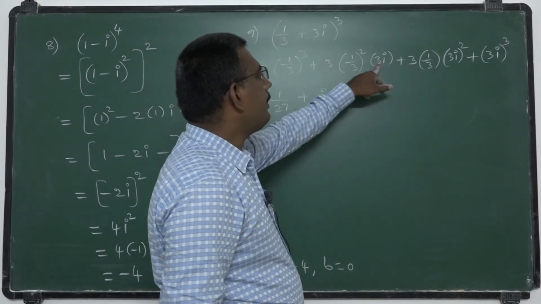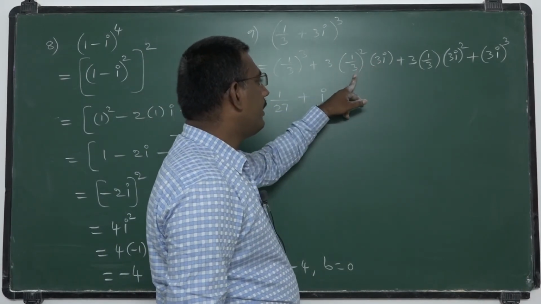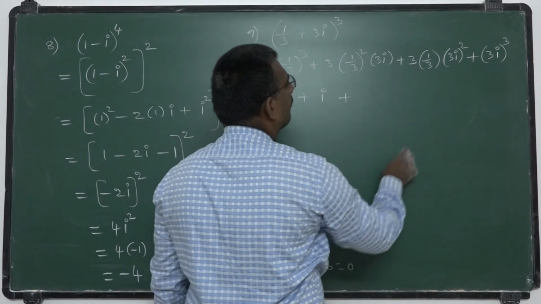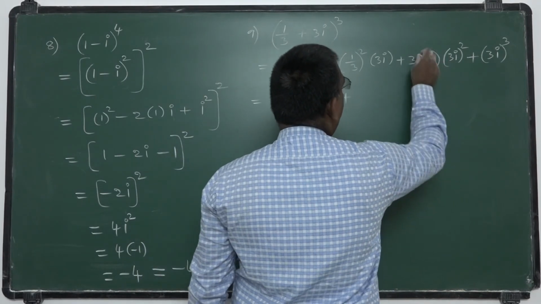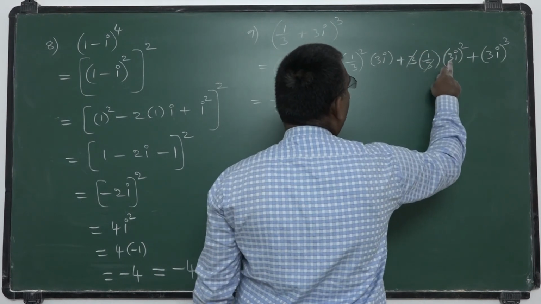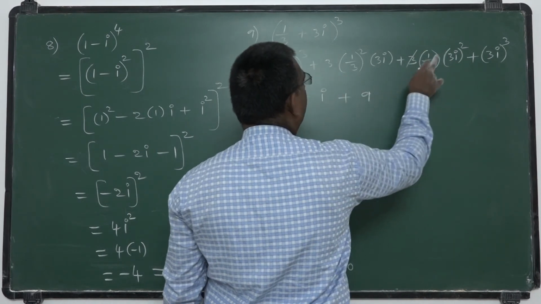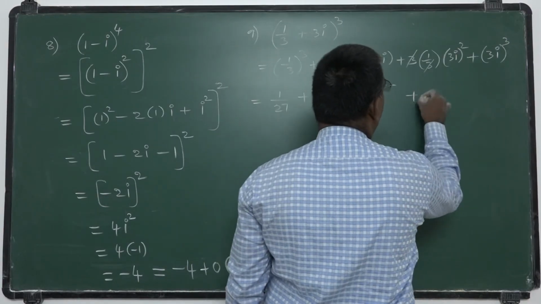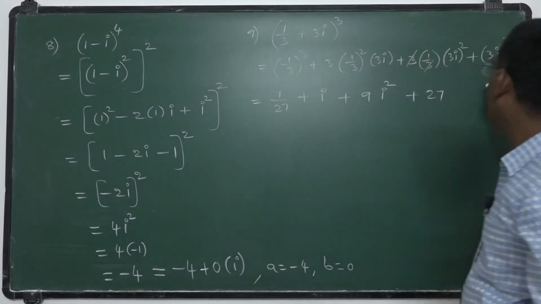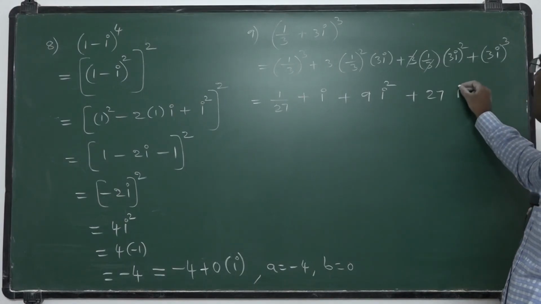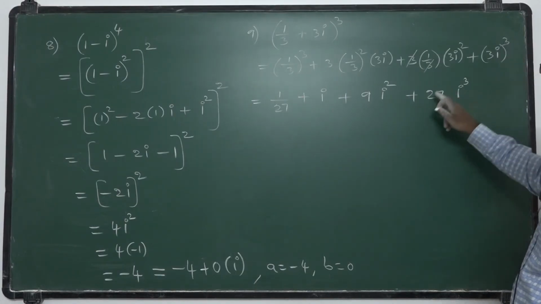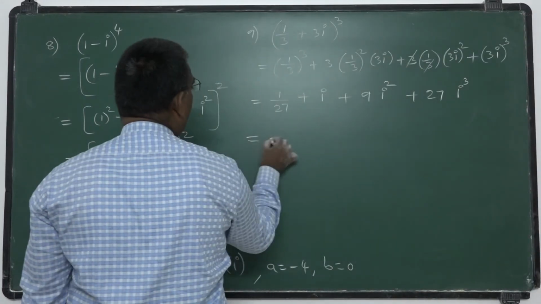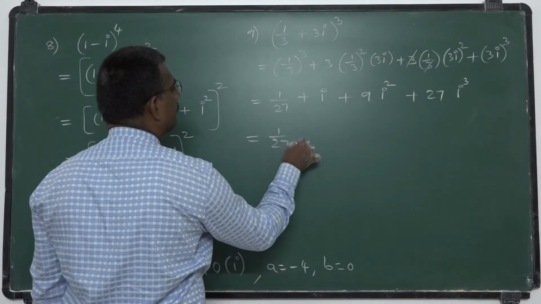Then plus 3 into 1/3 into (3i) square, which is 9 i square, plus 27 i cube, since 3 cube is 27. So this is equal to 1 by 27 plus i.